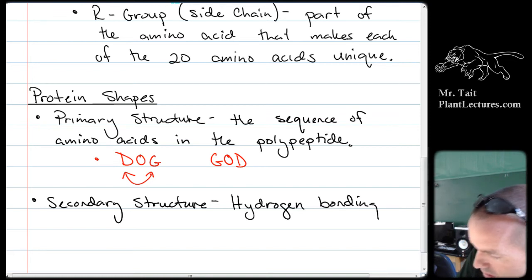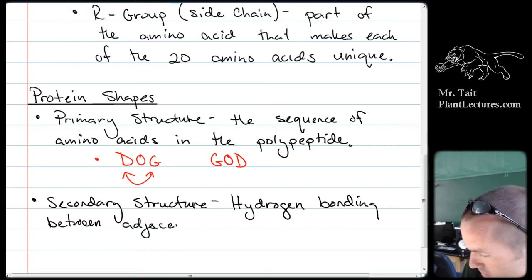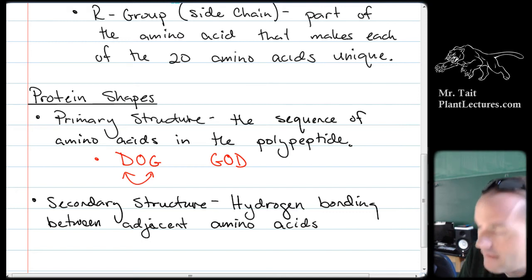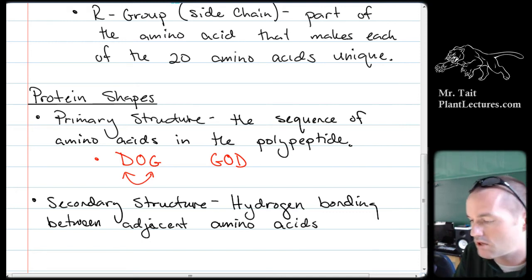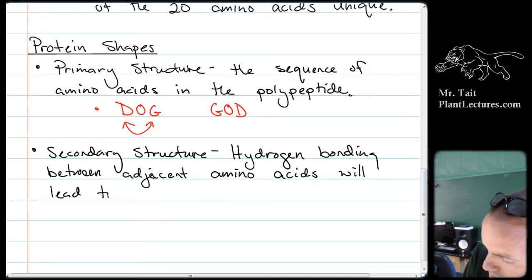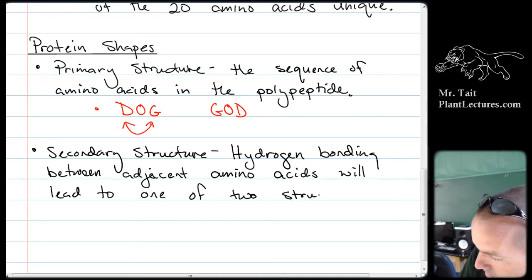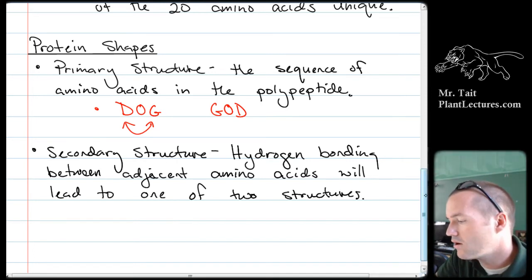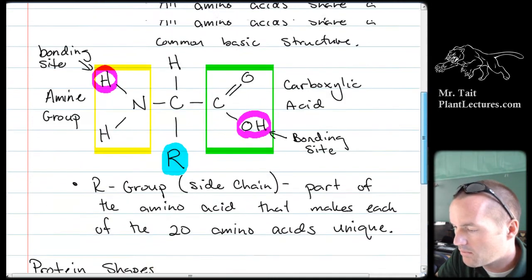Hydrogen bonding between adjacent amino acids, and it can lead to one of two different structures. Okay, so the first thing that we can look at is where should hydrogen bonding be occurring? And we go up here.